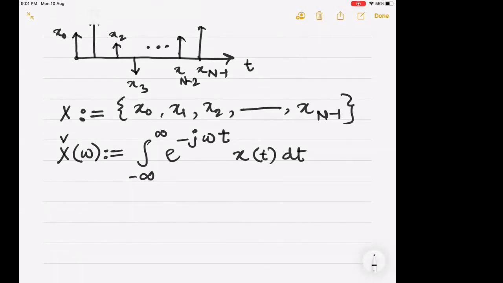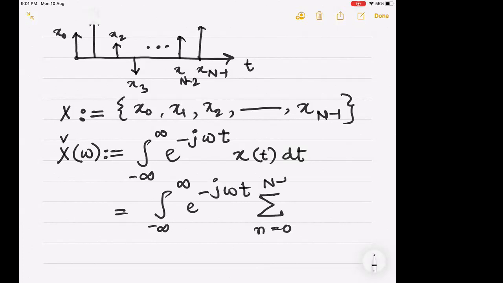So this turns out to be the integral of e to the power minus j omega t times the summation over small n from 0 to capital N minus 1 of xn delta(t minus n tau), where this length is tau. So this point is 0, this is tau, this is 2 tau, this is 3 tau, and so on. And dt, of course.